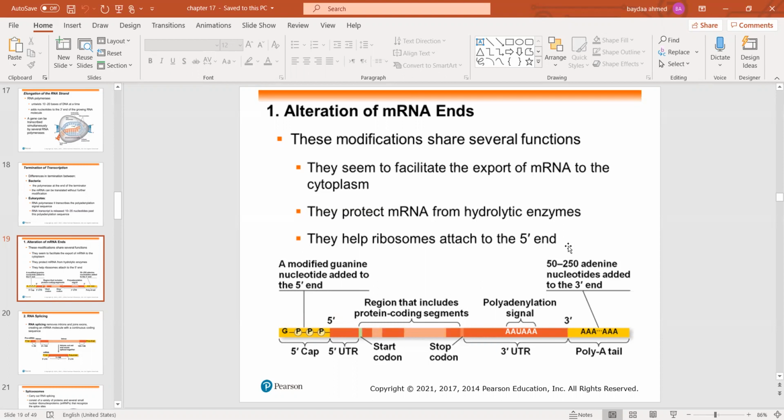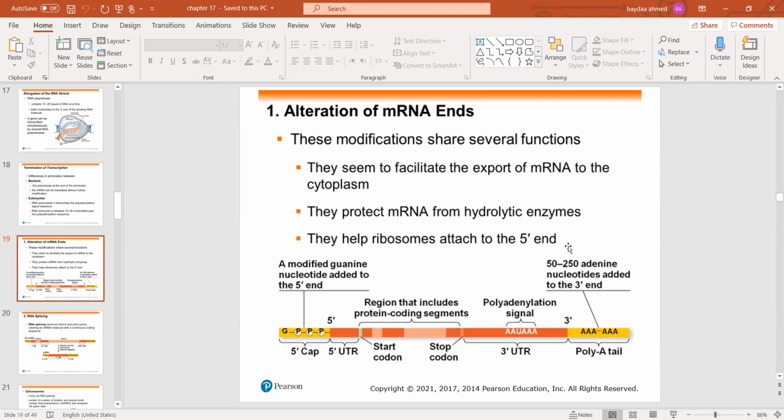The modified ends, in conjunction with certain cytoplasmic proteins, help with ribosome attachment. The 5' cap and poly A tail are not translated into protein, nor are the regions called the 5' untranslated region and 3' untranslated region.